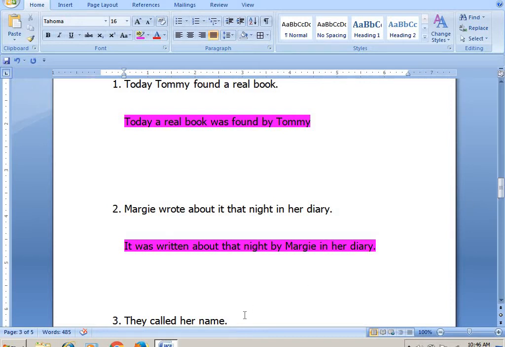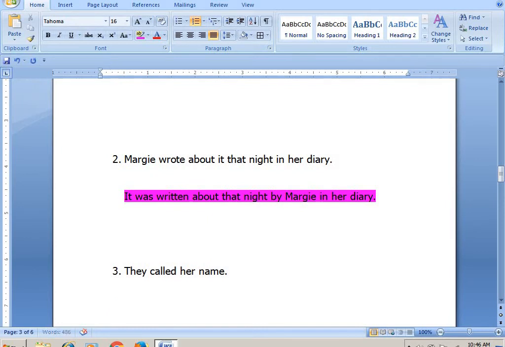Then let's see the third one. What is the third sentence? They called her name. They is the subject, called is the predicate or verb, her name is the object. So what will your answer be, students? Object becomes subject: Her name was called by them.